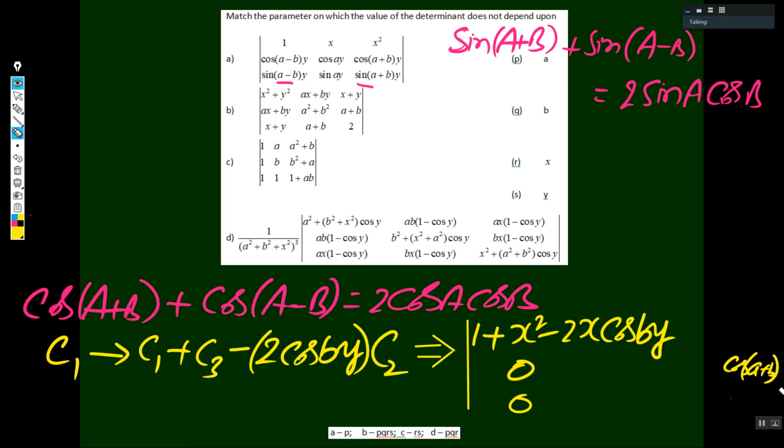The less space is there. I'm just taking up only those elements that are required. Required elements are cos AY, cos of A plus BY, sin AY, sin of A plus BY.